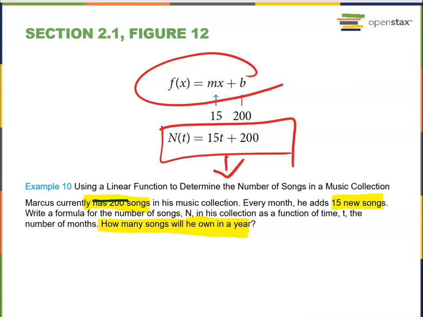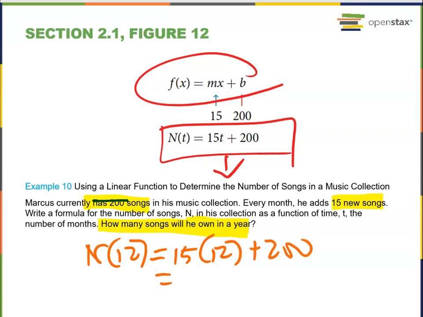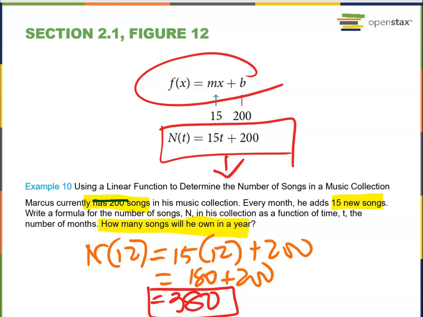There are 12 months. So we can solve for n of 12. 15 times 12, plus 200. 15 times 12 is 180 plus 200. So that is going to be equal to 380. So 380 songs in 12 months in a year.